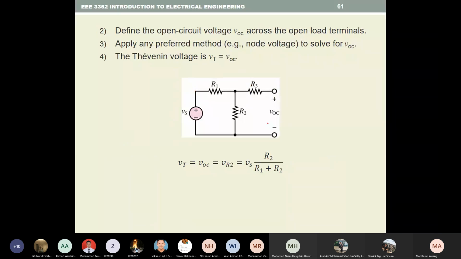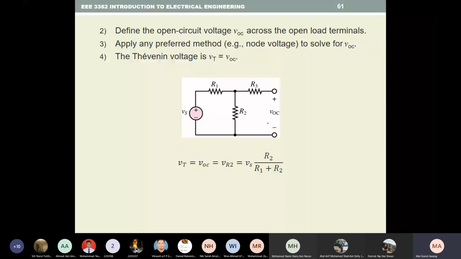How do you find that? Define the open circuit voltage VOC across the open load terminals. Apply any preferred method to solve for VOC. So the Thevenin voltage VT is equal to VOC. You use the voltage divider.